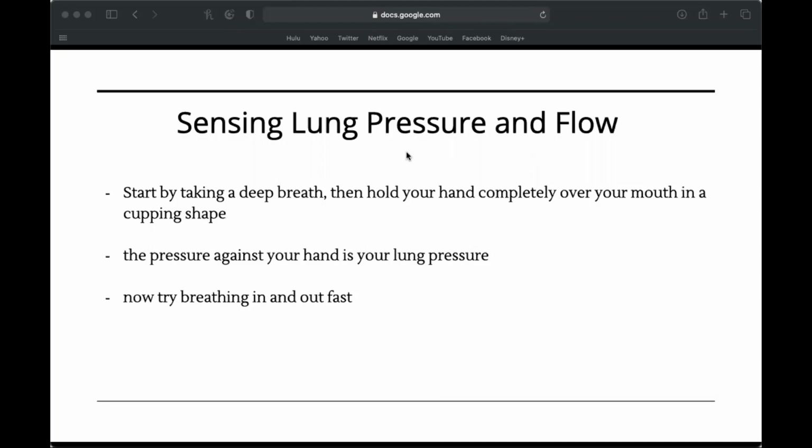Start by taking a deep breath, then hold your hand completely over your mouth in a cupping shape and exhale, like this. That pressure that you feel against your hand is your lung pressure. Now, if you try breathing in and out super fast, you'll sense negative pressure and positive pressure.